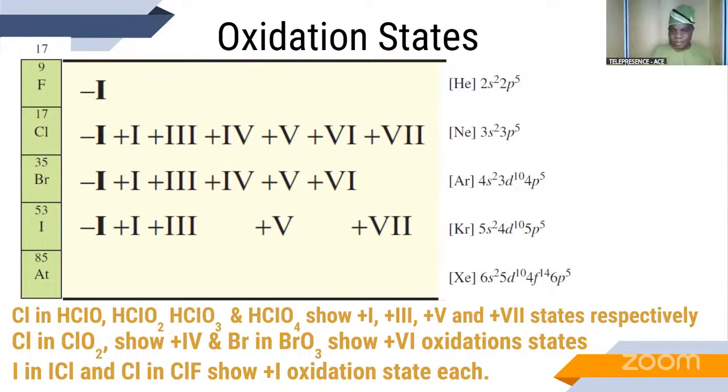These are the oxidation states shown by chlorine when it combines with oxygen. So, oxidizing power. They are strong to attain the next noble gas configuration.